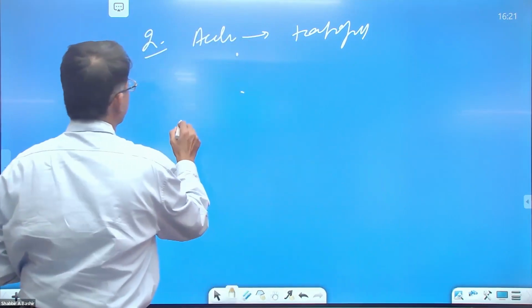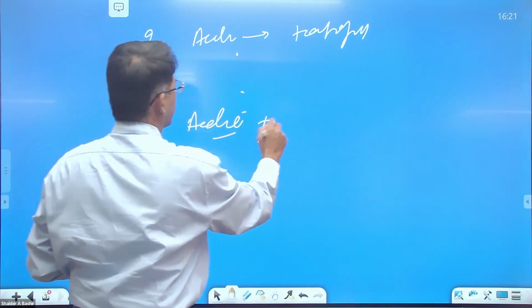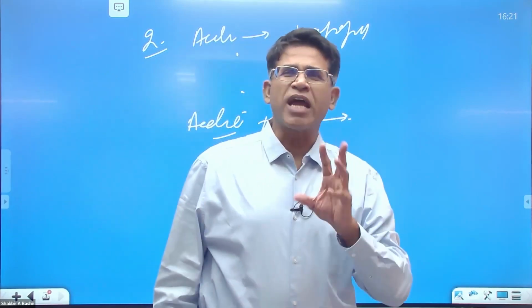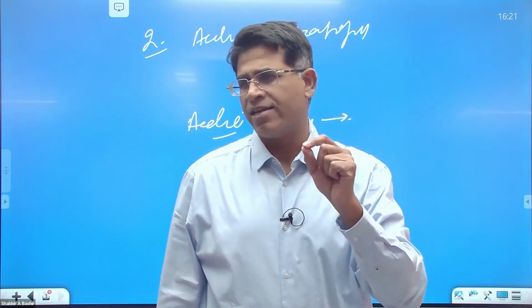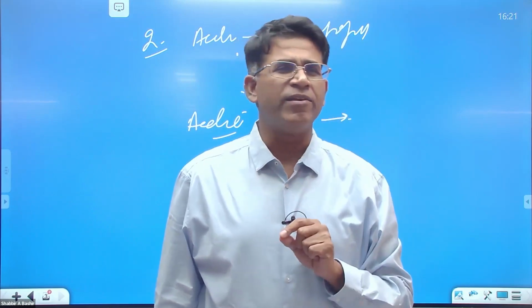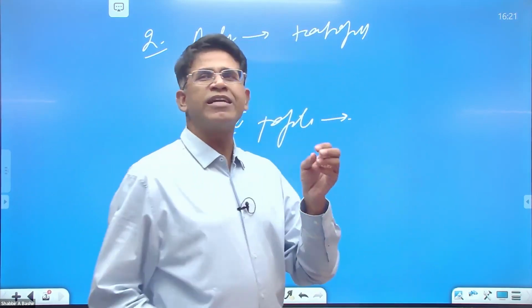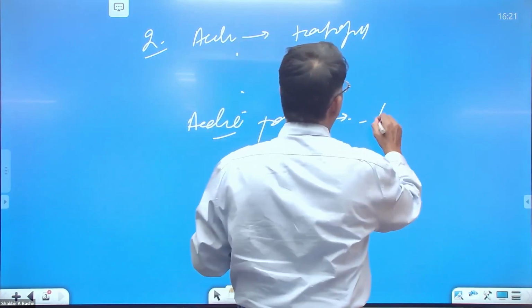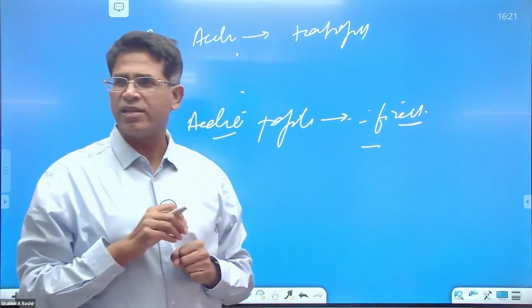Now, very specifically, what is the property of the aeolian profile? Which type of soils will have the finest texture, fluvial or aeolian? Aeolian. That's the important point. In general, transported soils will be fine, but aeolian will be the finest textured.